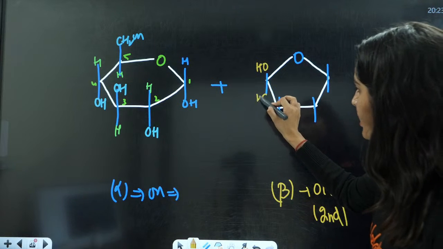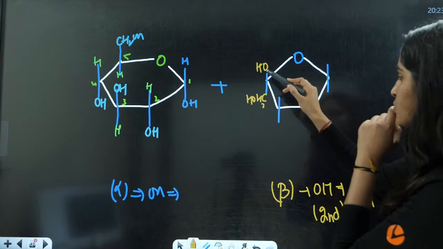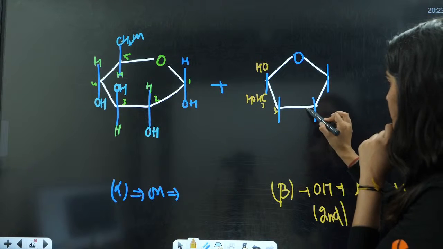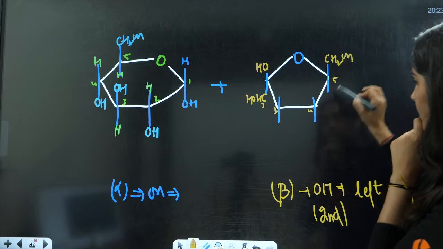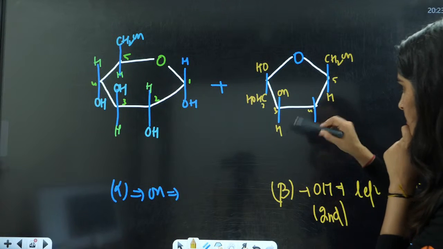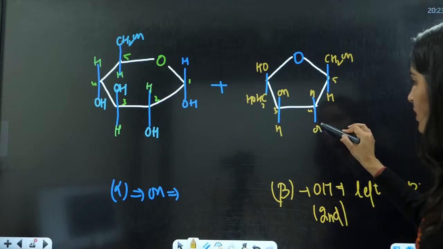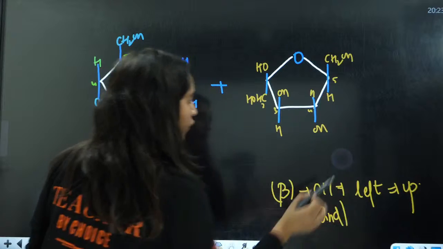This is CH2OH. This is 1, 2. Then this is 3, this is 4, this is 5. And you have CH2OH group here. That is hydrogen here. Third group, this is OH on the upside. Then you have H here and OH here. This is what we have drawn here.